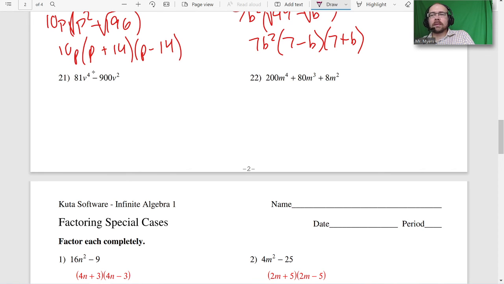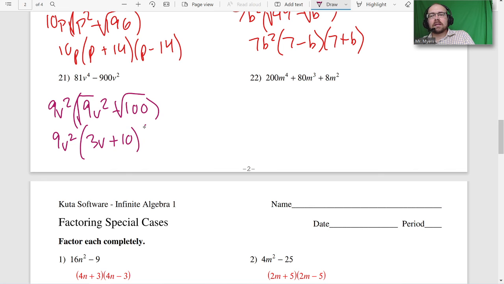Oh, look, they both divide by 9, so I can factor out a 9 and a v squared. So then that's 9v squared minus 100. And then those are squares. Look at that. Square root of 9v squared is 3v. Square root of 100 is 10. So I have 3v minus 10 and 3v plus 10.